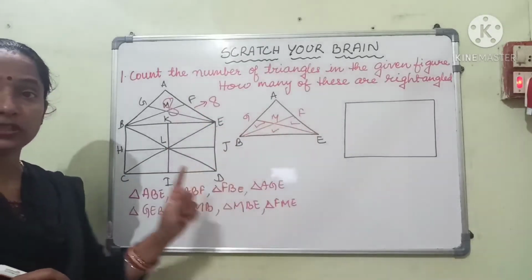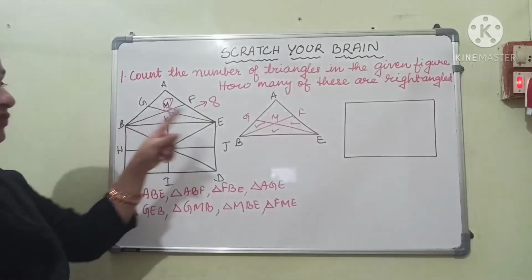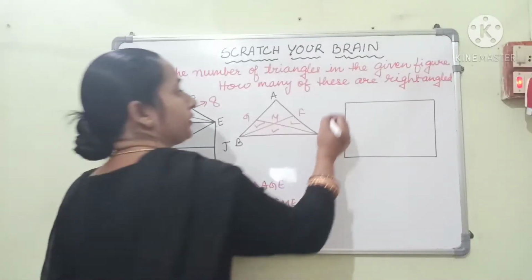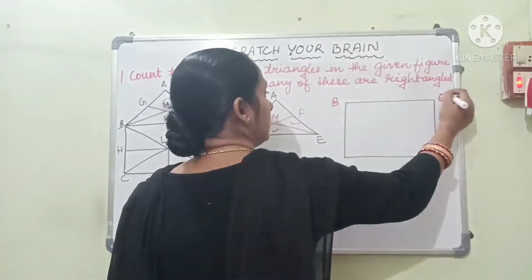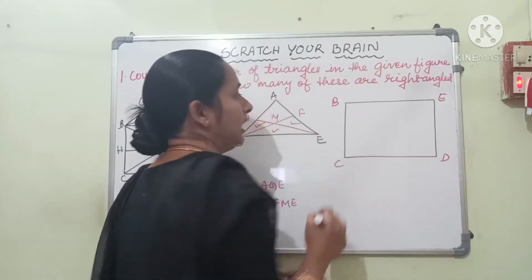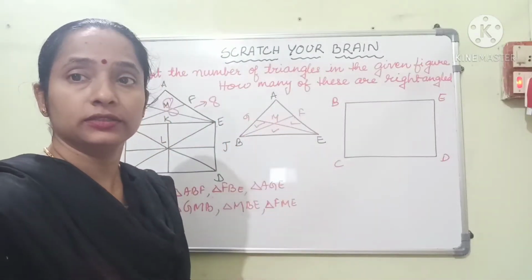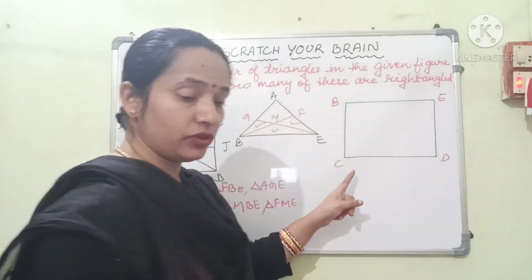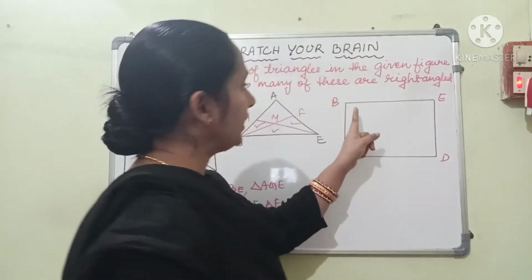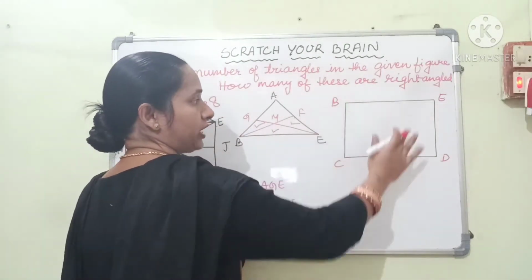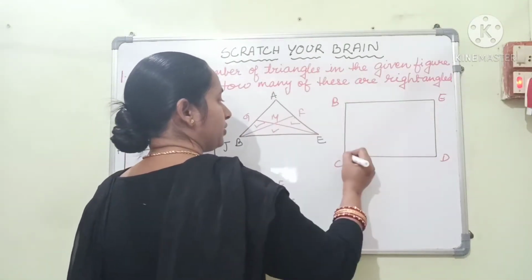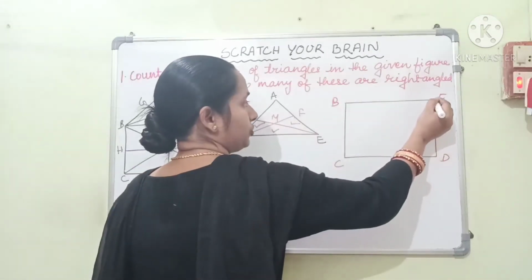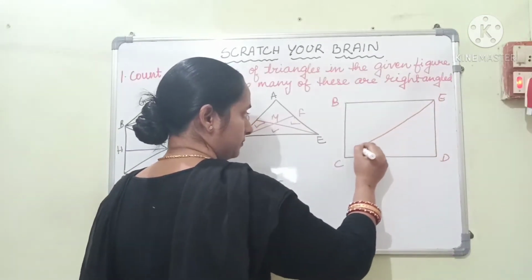Now, let us come to the rectangle part. Let us first name it BEDC, as it is a rectangle. Now, if you observe, you will find that there are no triangles in it now. First of all, I am drawing the diagonal CE.